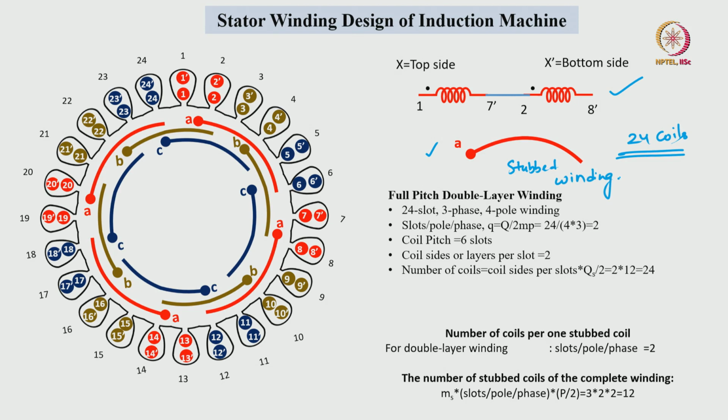So, finally, we have 12 stubbed windings, meaning 24 terminals. Without stubbing, 24 coils and 48 terminals are there. So, how to connect these 12 stubbed windings and 24 terminals?